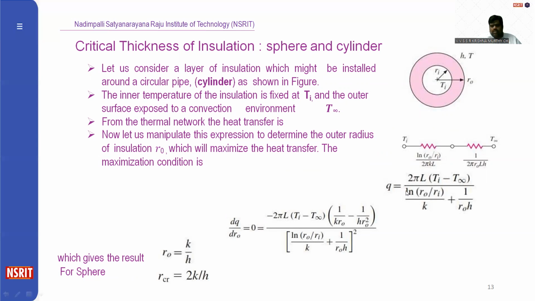We know that Q is equal to 2 pi L into (Ti minus T infinity) by the total resistance. If I differentiate with respect to the outer radius, the simplified equation will be like this. As r1, r2 are constants, the remaining term will be k by h. So the critical radius of a cylinder is taken as k by h. For a sphere, it will be taken as 2 times k by h.